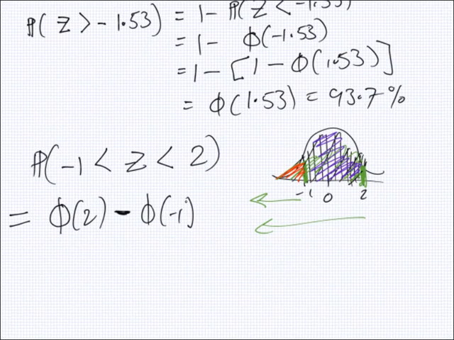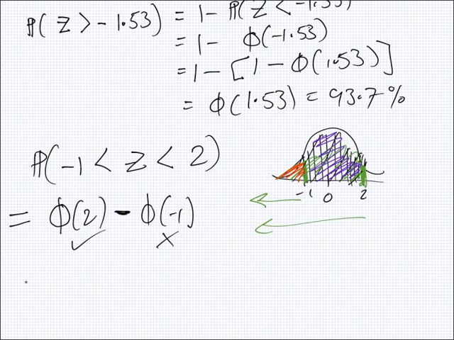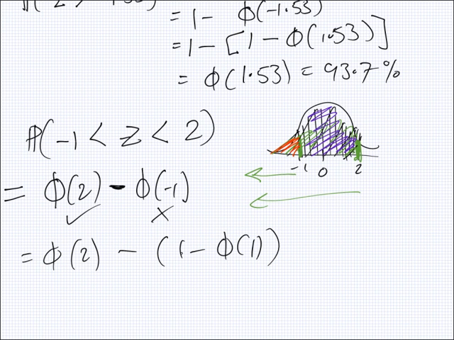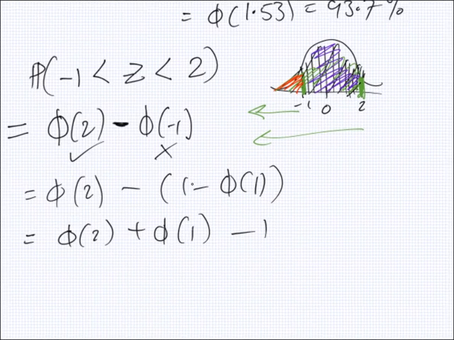Small problem. This is okay, but this is not okay. So we'll change that to 1 minus table 1. What happens here? Well, nothing really, except this minus and minus becomes a plus. So it'll be this plus this minus 1.